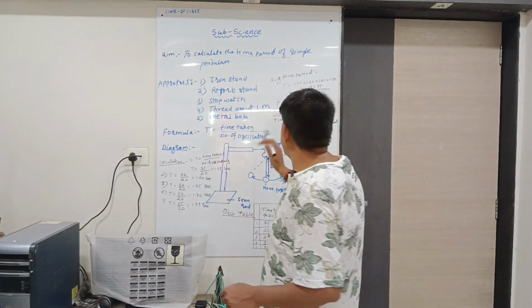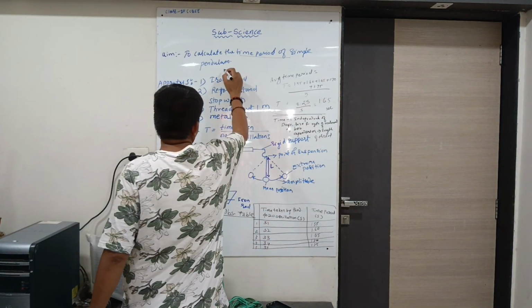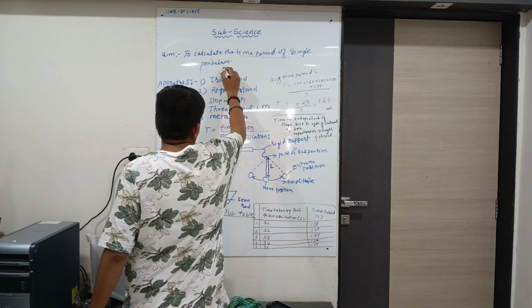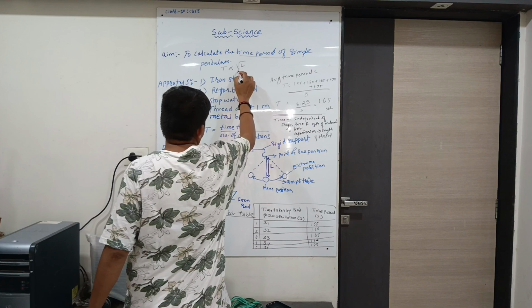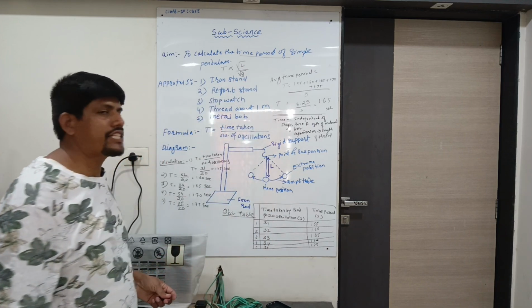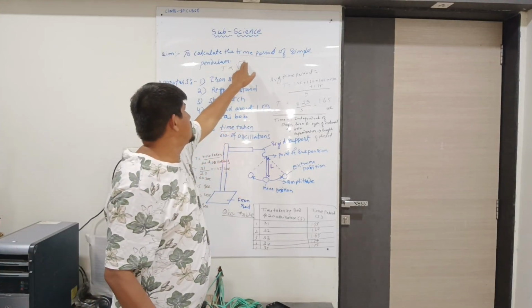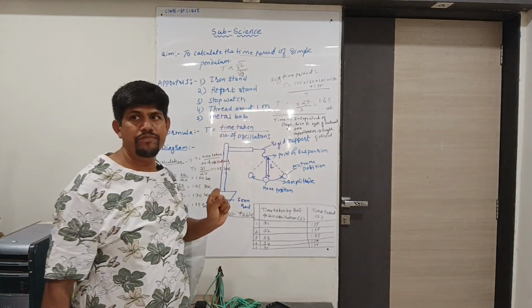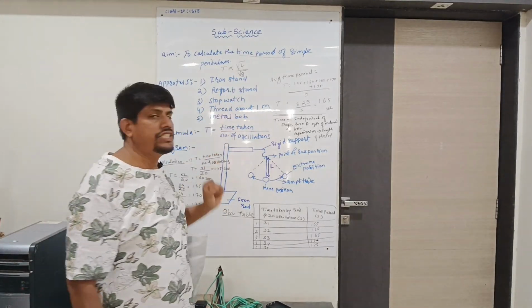And the relation is that T is directly proportional to the square root of L and inversely proportional to the square root of g, where g is the acceleration due to gravity and L is the length of the string you are using in the simple pendulum.